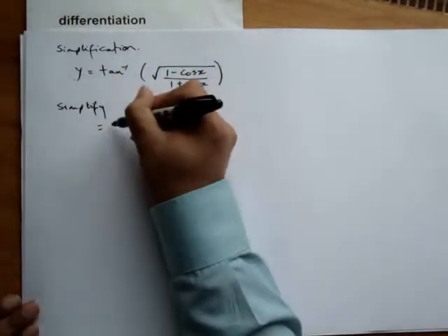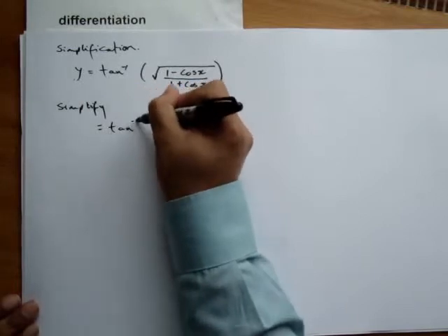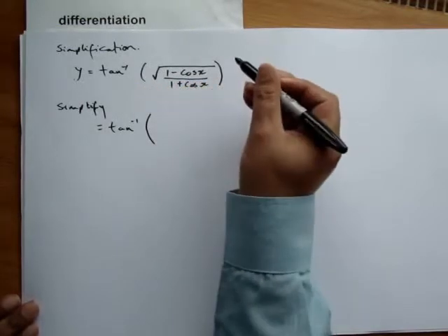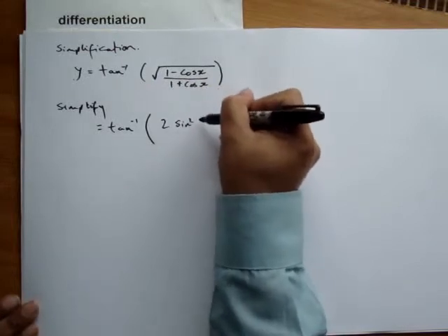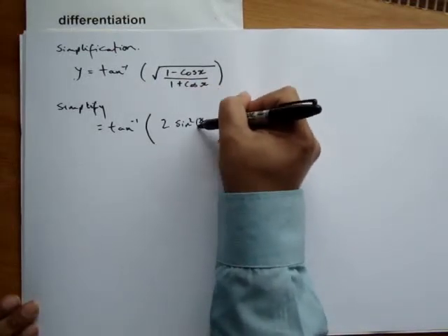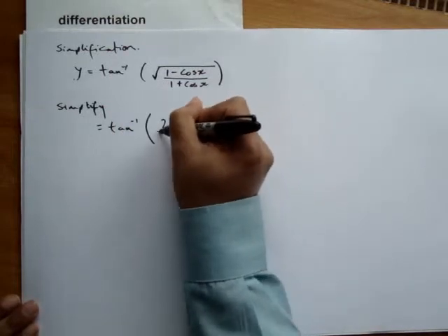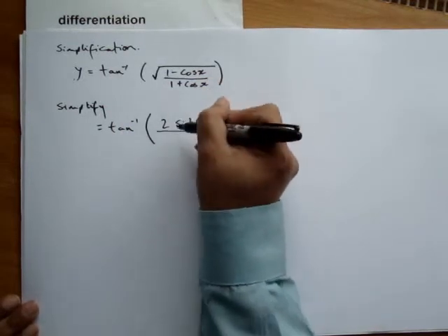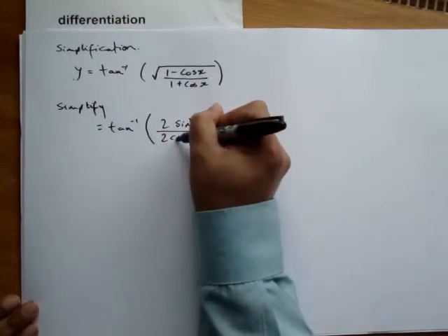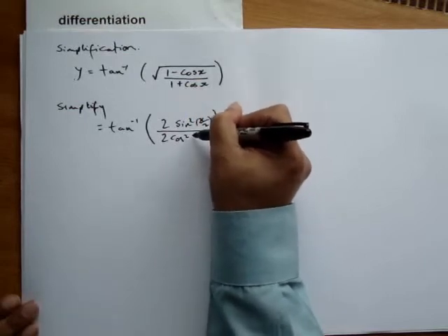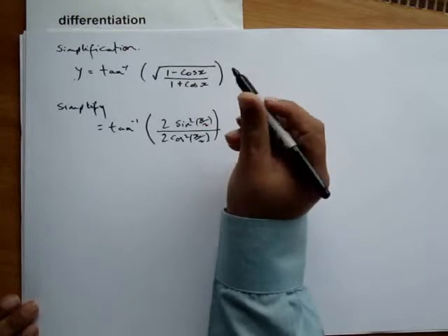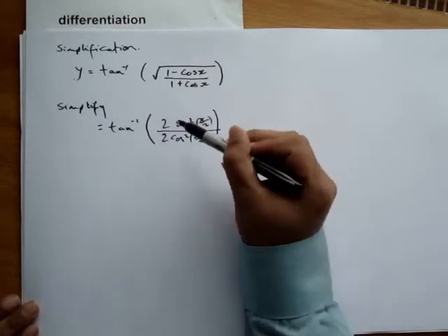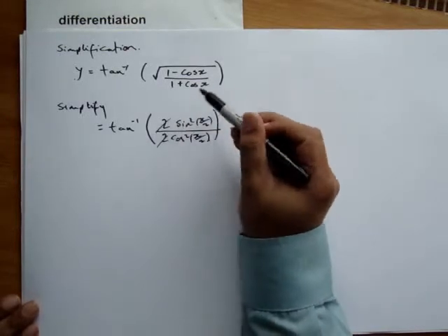We get inverse tan. 1 minus cos x is nothing but 2 sine squared x over 2, and 1 plus cos x is 2 cos squared x over 2. Now the 2's cancel.